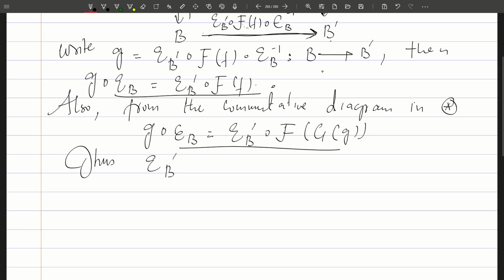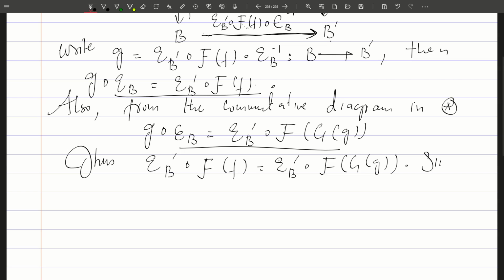I mean, epsilon B prime composite F of f is the same as epsilon B prime composite F of G of g. Now epsilon B prime being an isomorphism, we can compose from the right with epsilon B prime inverse.